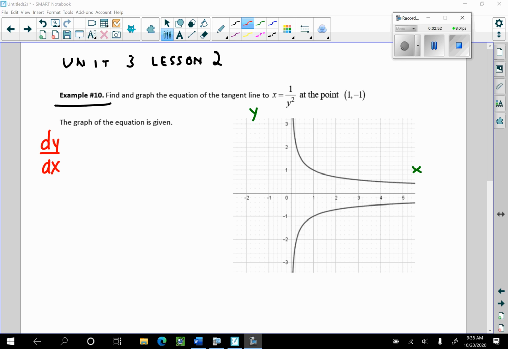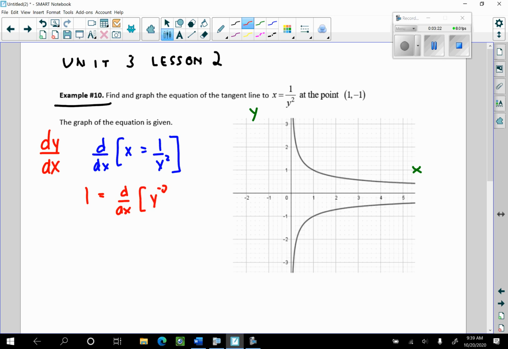Pretty straightforward. I'm going to take my equation and differentiate with respect to x. I differentiate the left side, and the derivative of x with respect to x is 1. Then I'm going to differentiate the right side, but before I differentiate that, I'm going to write it this way: y to the negative 2.